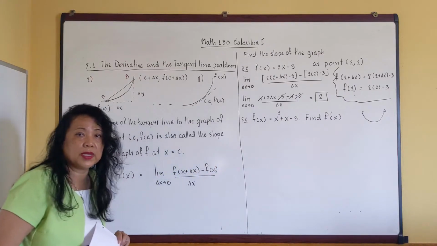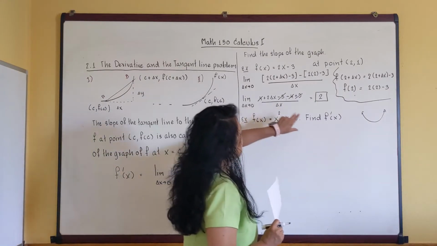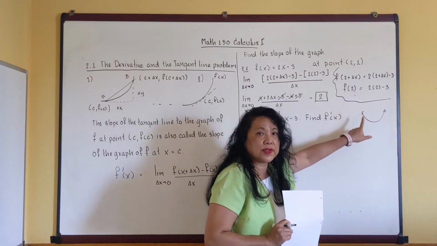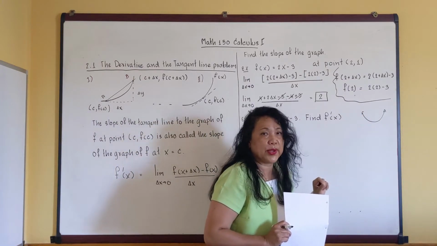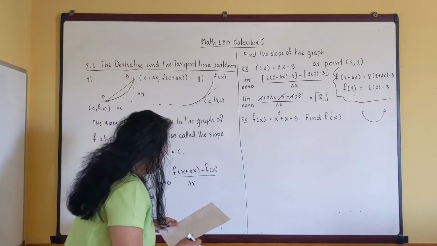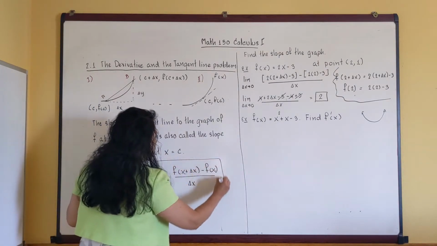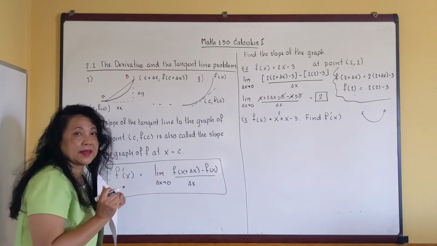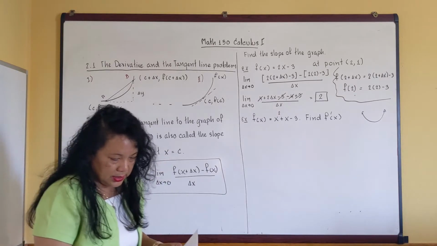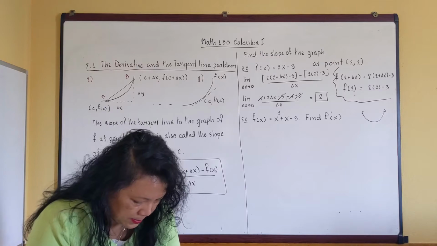Actually, it's the same formula, but because the c changes, it's a different slope at a different point. So that is the formula for the derivative right here, and the procedure is the same thing.